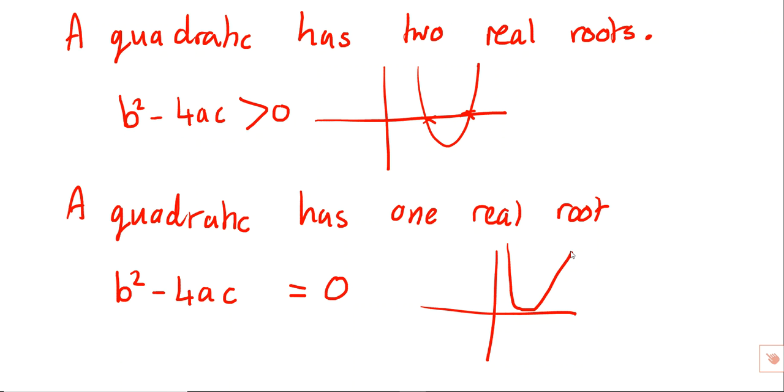You can use the determinant, and sometimes these problems can be solved only using the determinant and not needing to use the whole quadratic formula. Okay? So maybe you're asked to solve for b, or c.